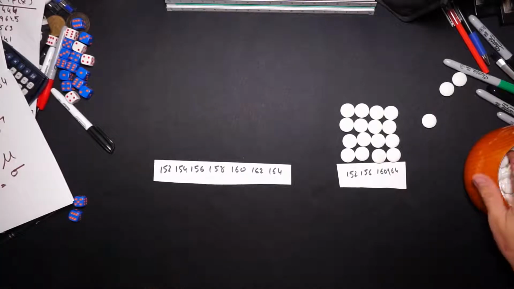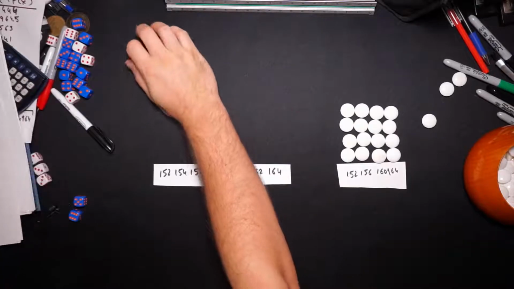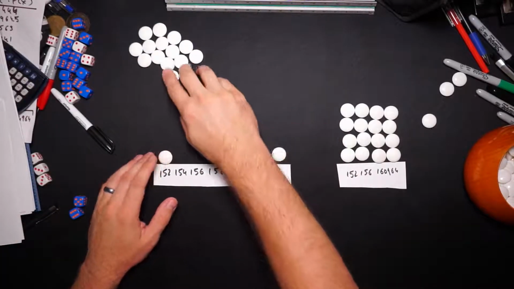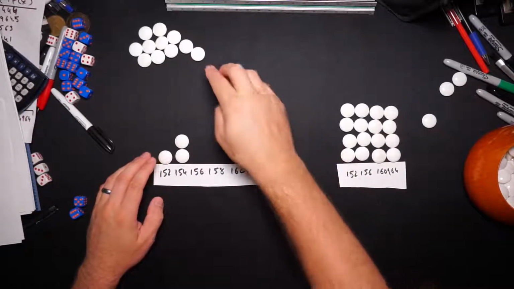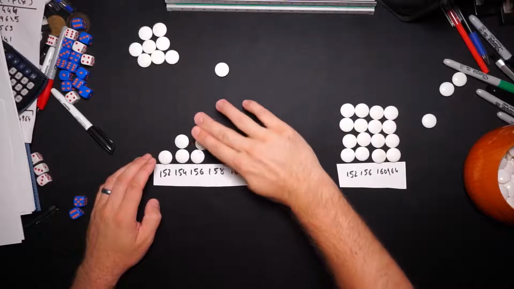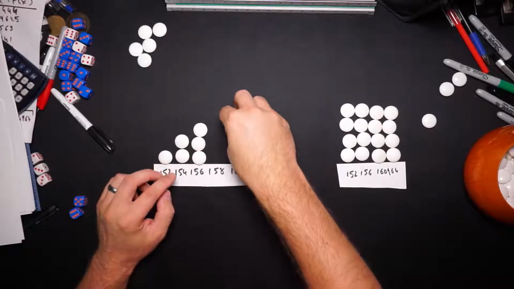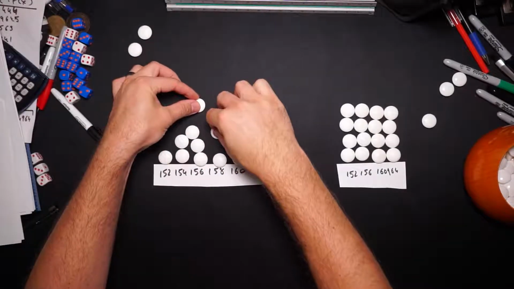And let's look at the frequencies for that. We had one here, one here, two here, two here, three over here, three over here, and then four over here.